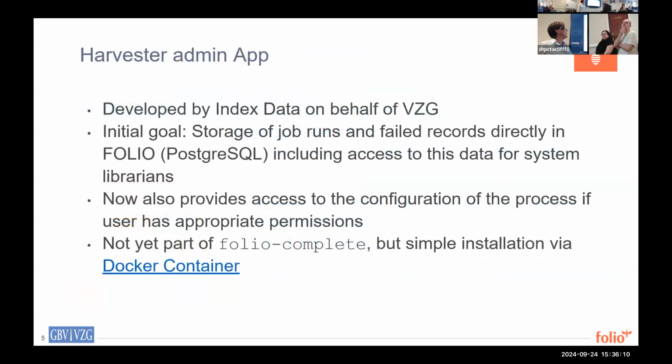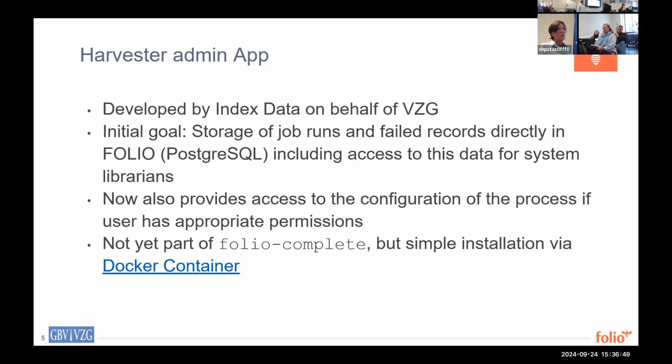The harvester admin app is developed by Index Data. Mike is here, the UI specialist for it. It's developed by Index Data on behalf of us. The initial goal was the storage of logs of job runs and phase records directly in the FOLIO database, including access to this data for system librarians in a FOLIO UI.